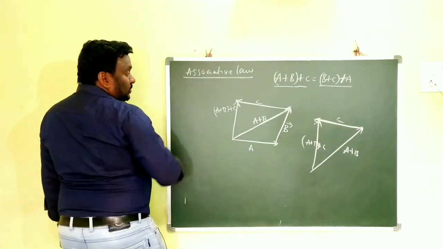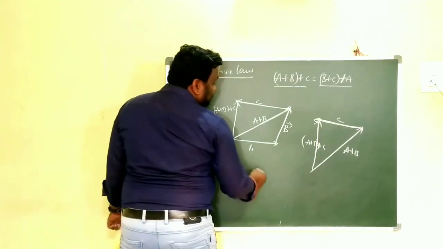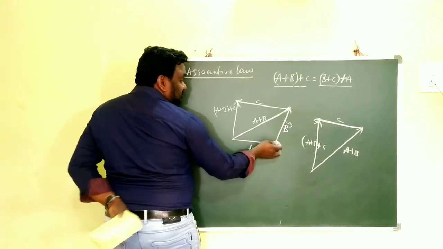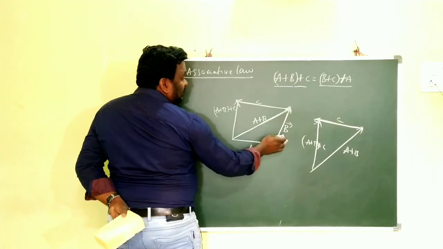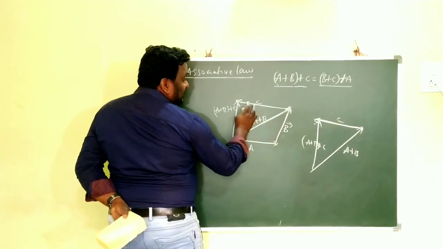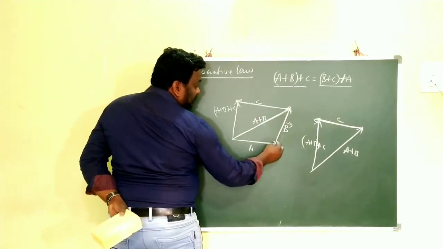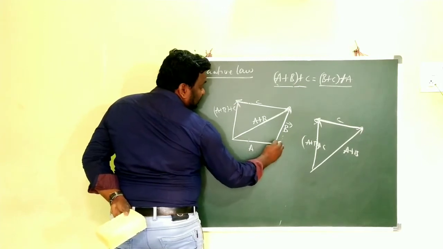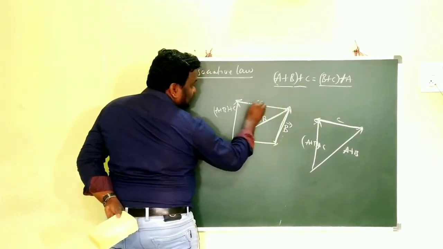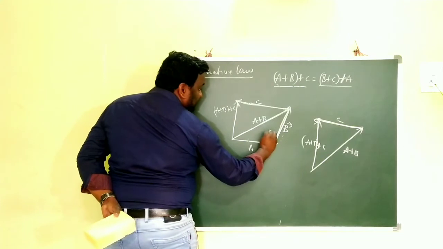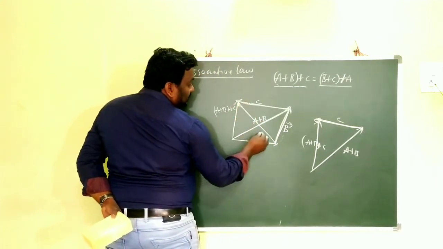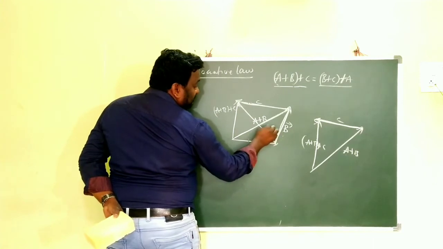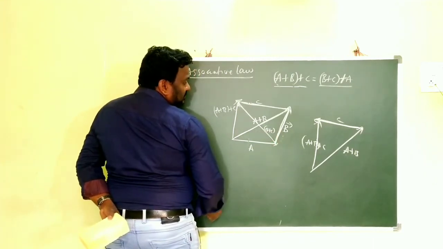Okay children, now in this case you have to watch again carefully. This is B and this is C. Now what did we do? We joined them, and this is B plus C. No need to get confused.